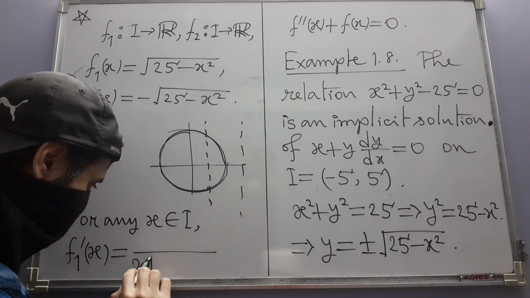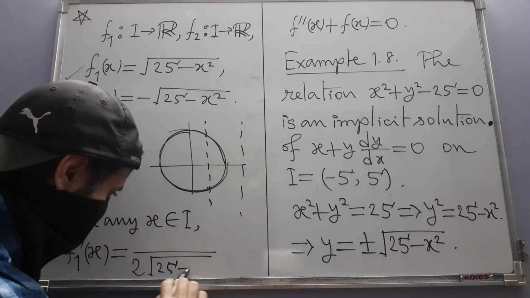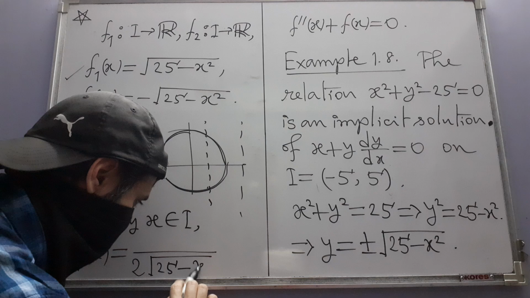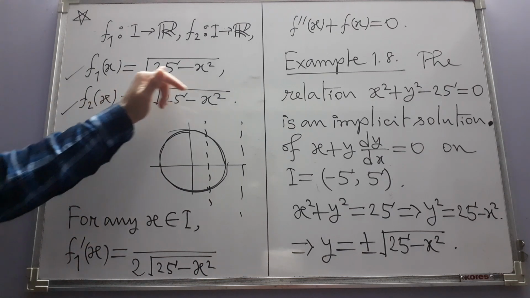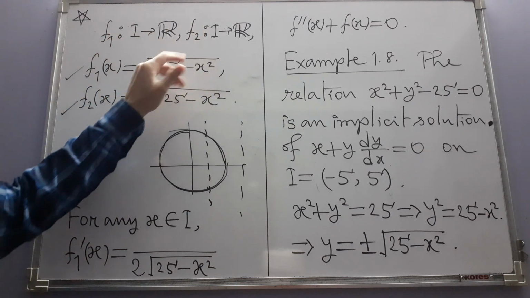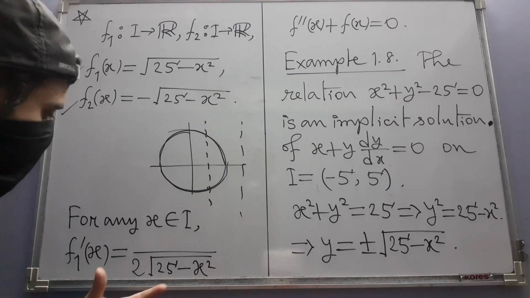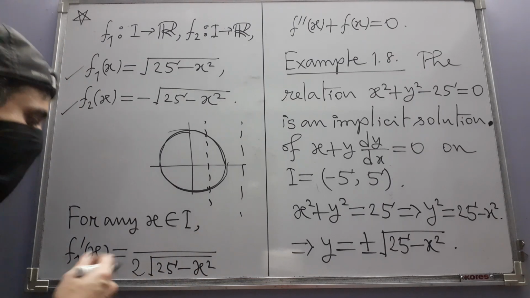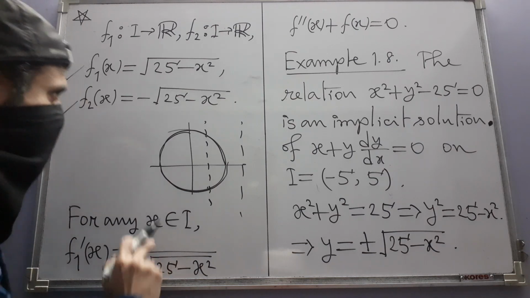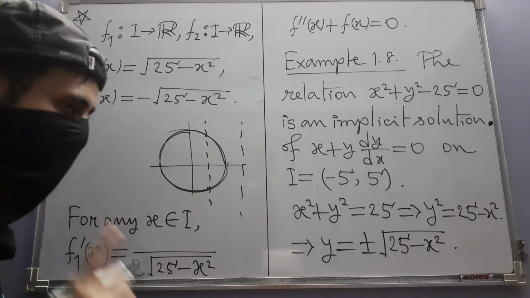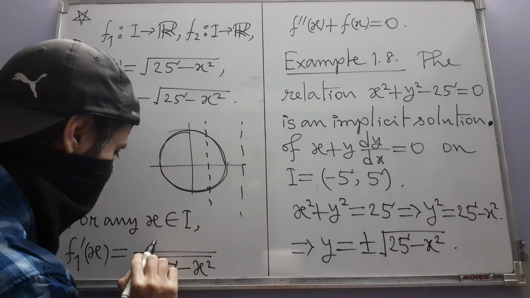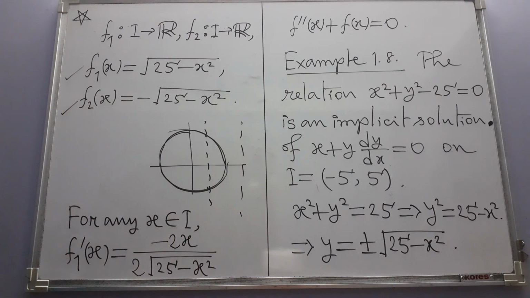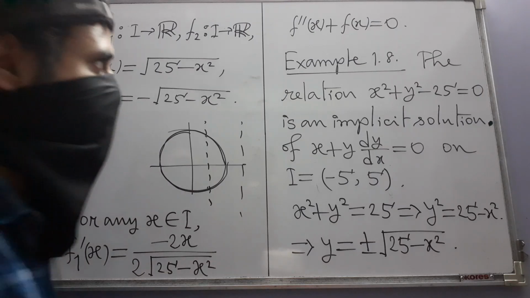So it gives you 1 divided by, you have to use the chain rule, right? And the other differentiation formula. Because you have a square root, first if you differentiate this with respect to 25 minus x square, you get 1 divided by 2 times square root of that. And then you multiply that with the derivative of 25 minus x square with respect to x, that is the chain rule. That gives you minus 2x. So what are we getting from this?